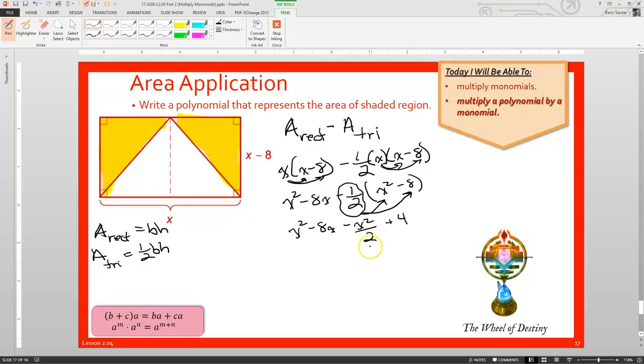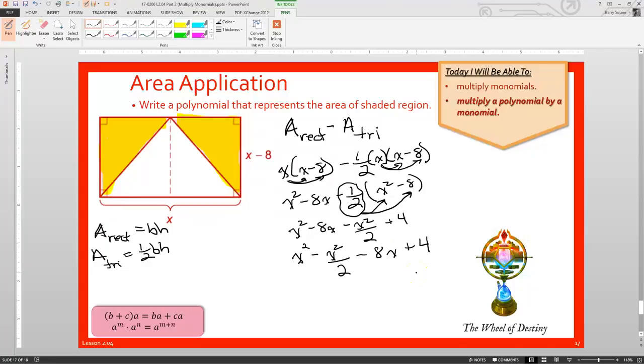And I know this x squared over 2, or this 1/2 x squared, we don't like that, but let's group our x squared terms together. That way we can do all of our x squared stuff together, then our x stuff, and then our constant.